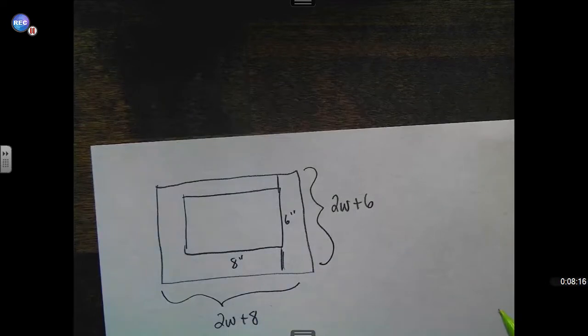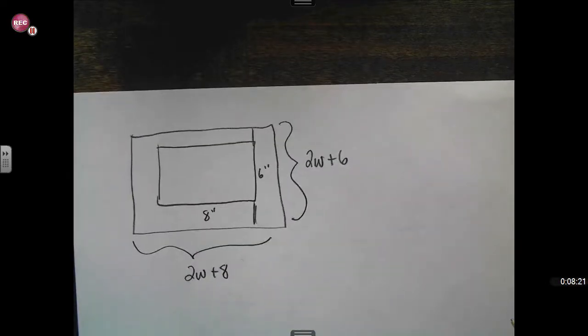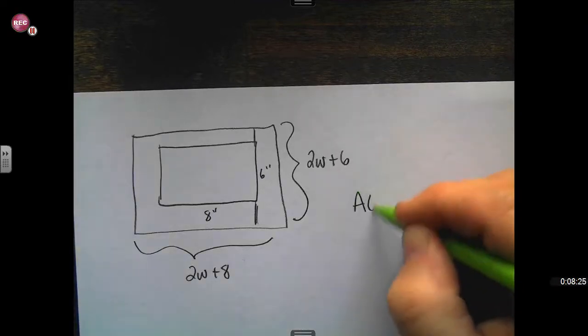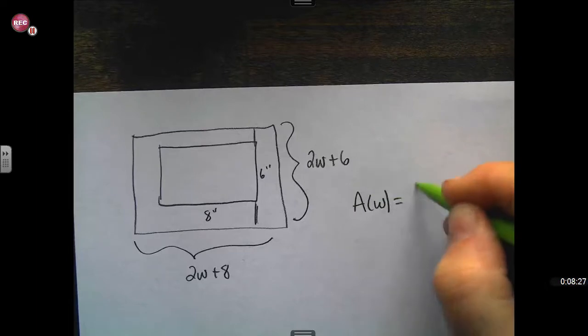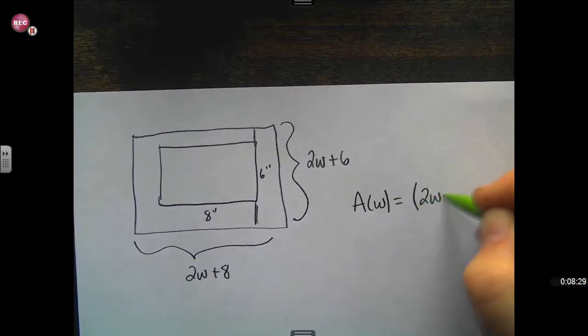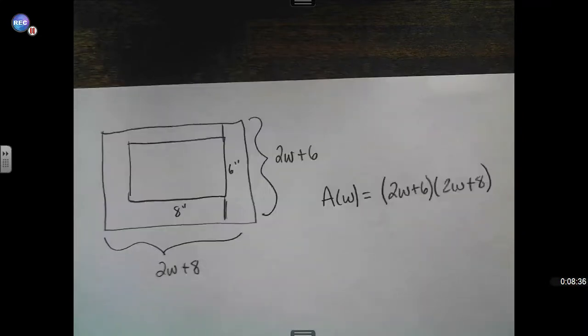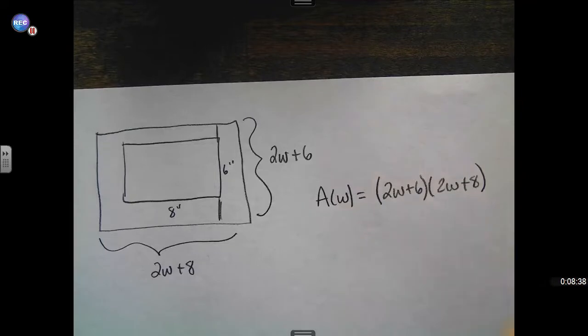And they want us to write a function in standard form for the area of the combined picture and frame. So A of W equals the quantity 2W plus 6 times 2W plus 8. And they want that in standard form. So in other words, multiply it out.